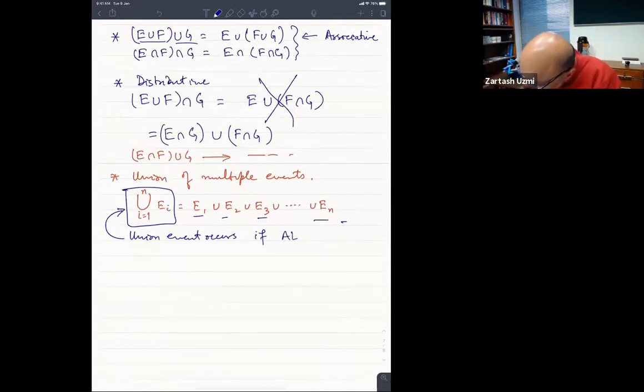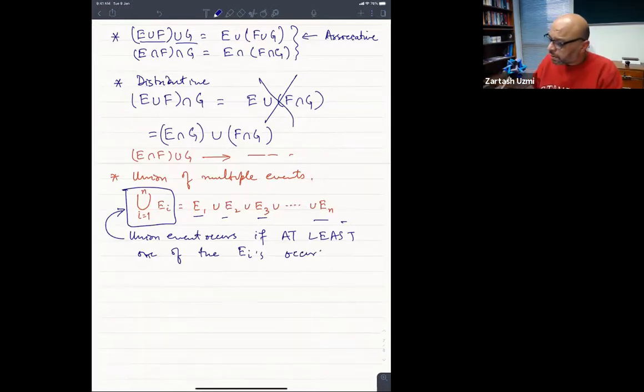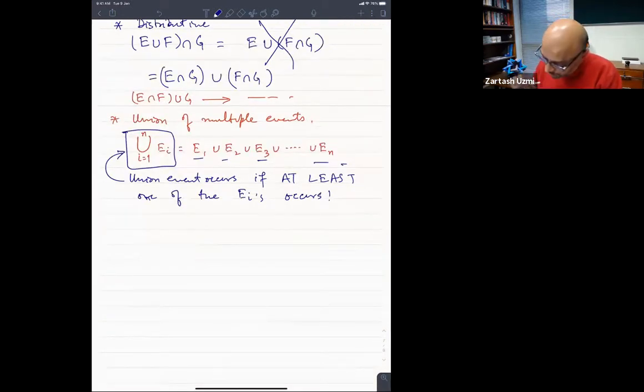If at least one of the EIs occur. इनमें से कोई सा एक भी अकर कर जाए, एक या एक से ज्यादा अकर कर जाए, तो जीत गए. तो ये यूनियन इवेंट अकर कर जाएगा.